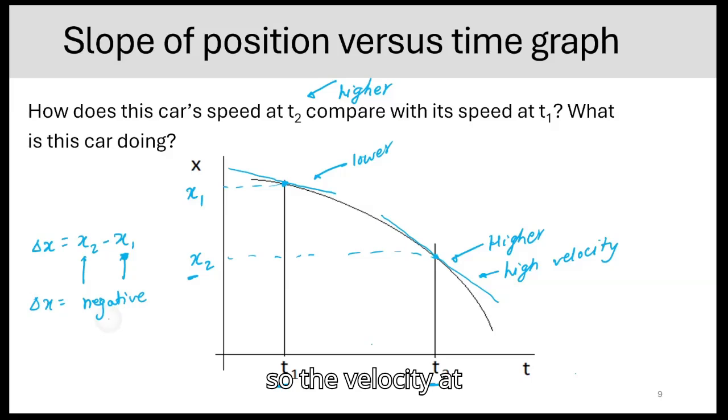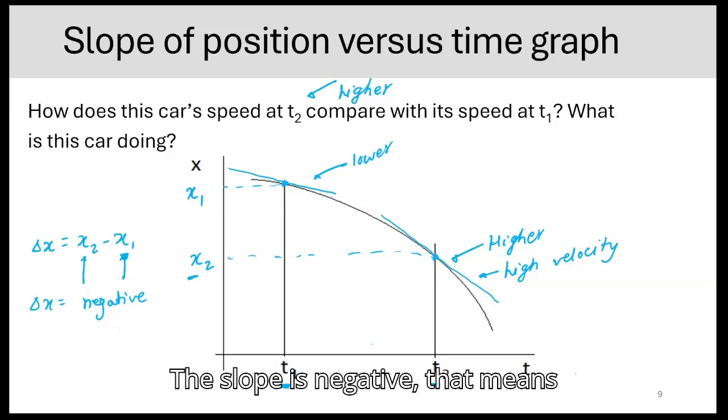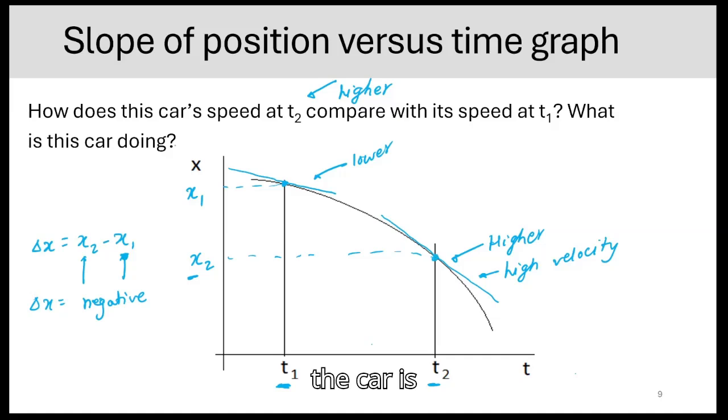So the velocity at the slope is negative. That means the car is moving toward left or negative direction.